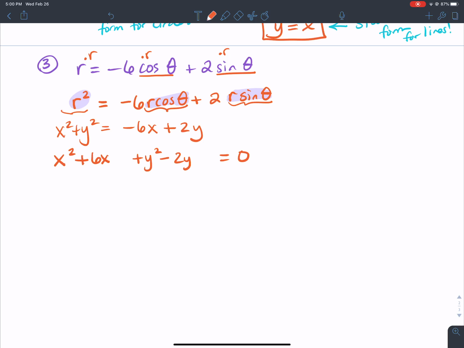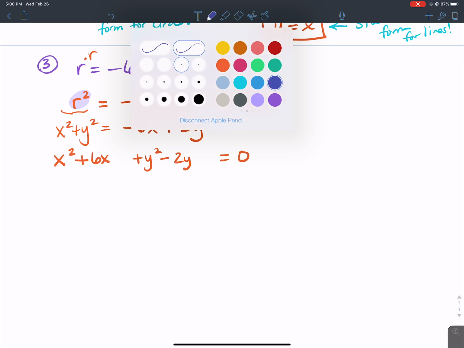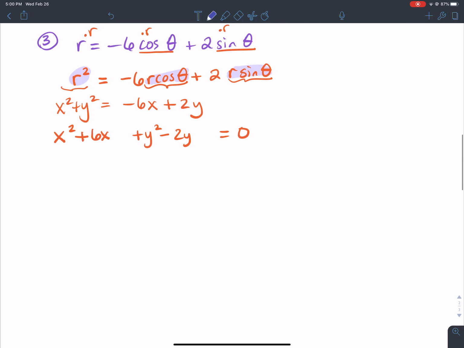And we did this last year, Math 3. You are going to have to do our little friend completing the square to turn this into the standard form of a circle. So you are going to take half of the 6 and square it and add it to both sides. You're going to take half of this negative 2 and square it and add it to both sides.